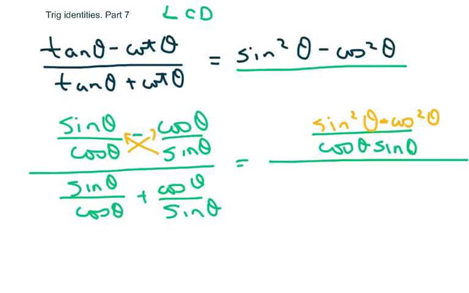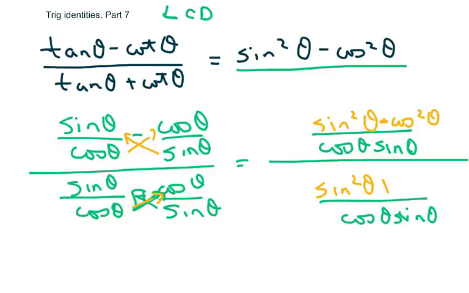And now do the same. The denominator is going to be cosine times sine, and cross here. So you're going to get sine squared theta plus cosine squared theta. Alright, I just crossed here.